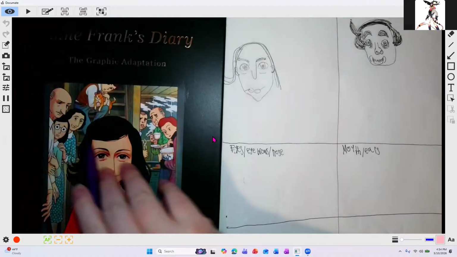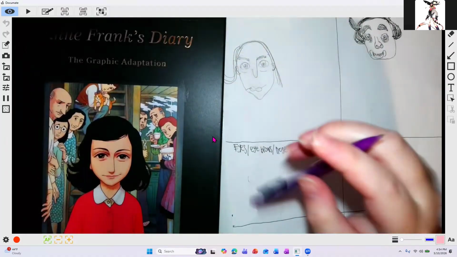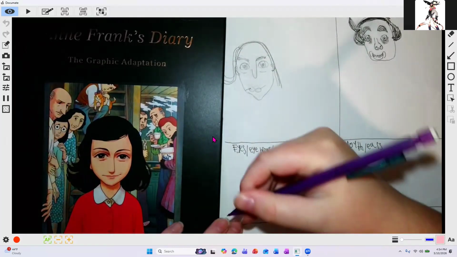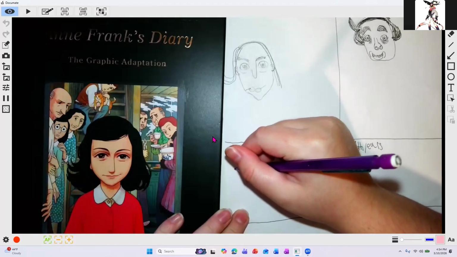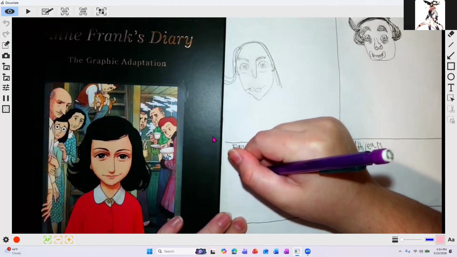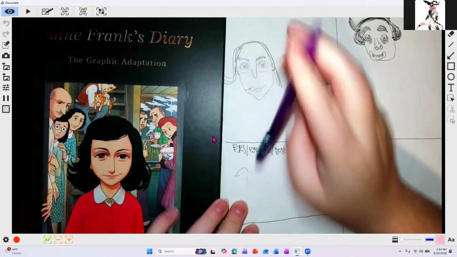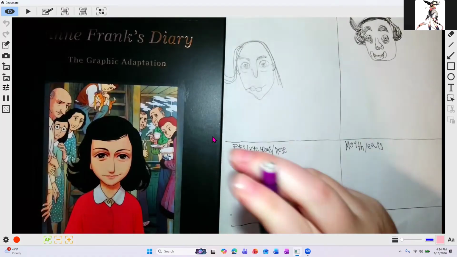Okay, the eyes. Let's go ahead and make the eye shape. And remember that's ovals. I'm going to do the best I can here.